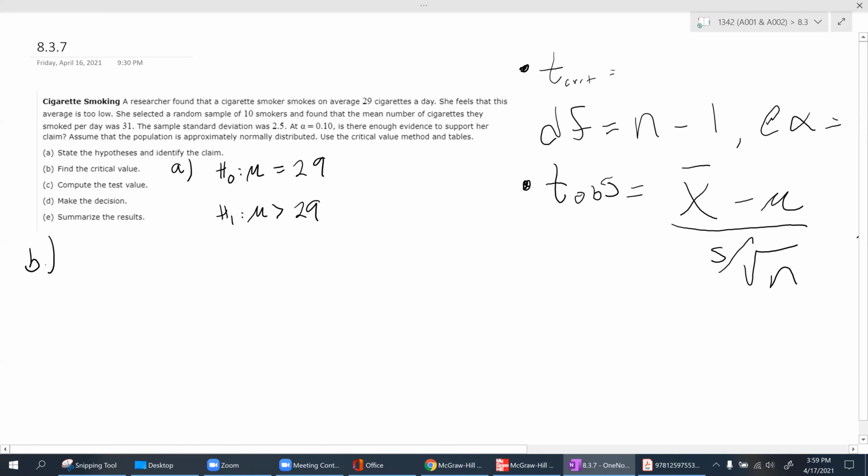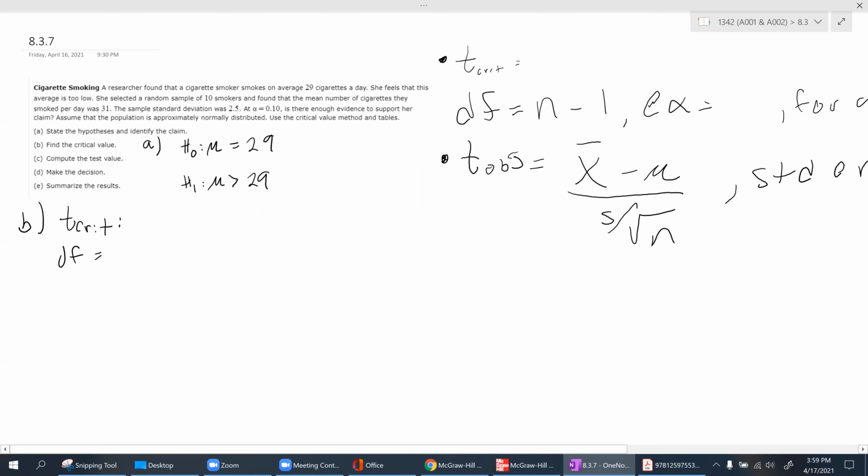For B, find your critical value. Let's find t crit. How I find t crit is degrees of freedom equal to, you know what, I'm sorry, let's write out the knowns and the givens first: my mean, my mu, my sample standard deviation, my n, and also our alpha.